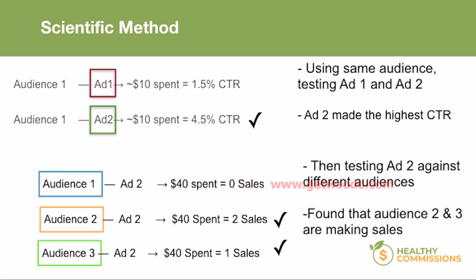So the only variation being tested here is the audiences. They've all spent $40. Audience 1 made 0 sales, audience 2 made 2 sales, audience 3 made 1 sale. So obviously we found that audience 2 and audience 3 are making sales. That's exactly how it's done. We found the two audiences that are performing with the ad that's performing.